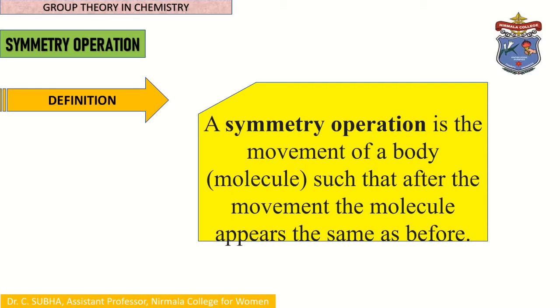Next is symmetry operation. The definition is: it is the movement of a body, that is a molecule, such that after the movement the molecule appears the same as before. Example: rotation operation.